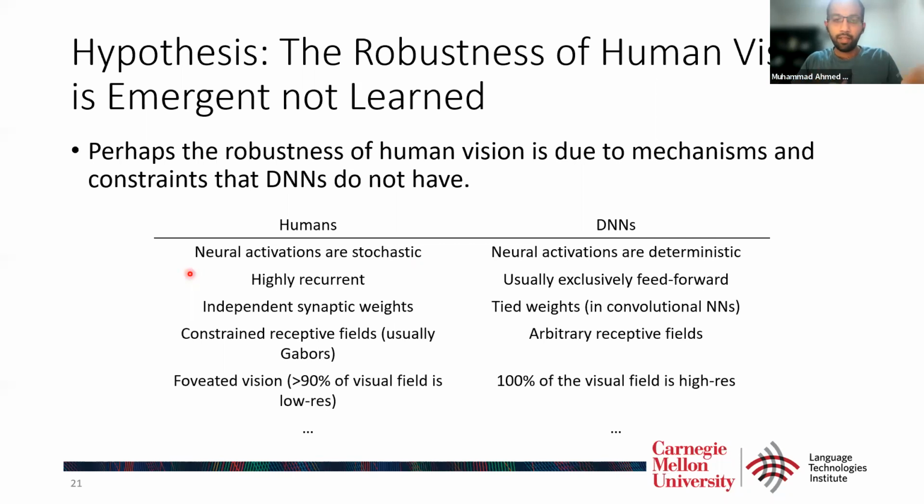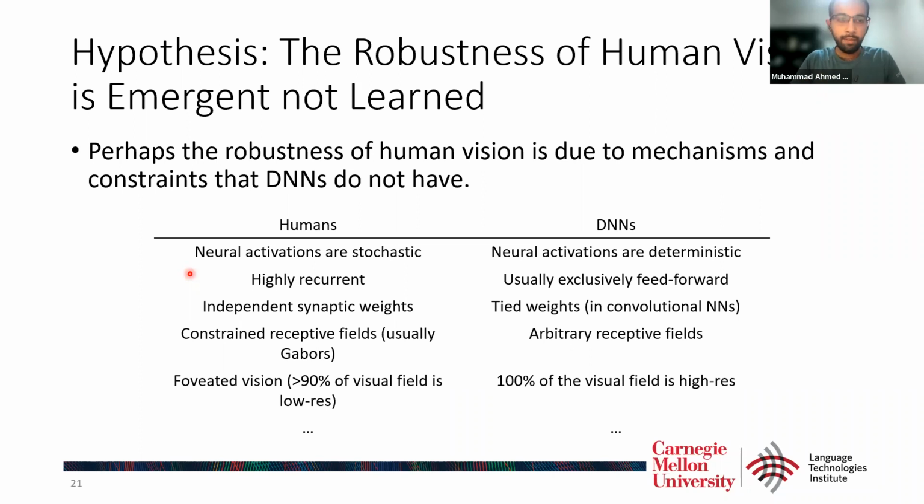You have feed-forward connections, you have feedback connections that go from higher to lower areas, and you have lateral connections where neurons in a particular area are all wired together. In contrast, in DNNs, we usually have exclusively feed-forward connectivity. Neurons from one layer only connect to neurons in the next layer. You don't have neurons in layer 2 going back to layer 1. You also don't have neurons in layer 1 communicating with each other, which is very different from how it's organized in animals.